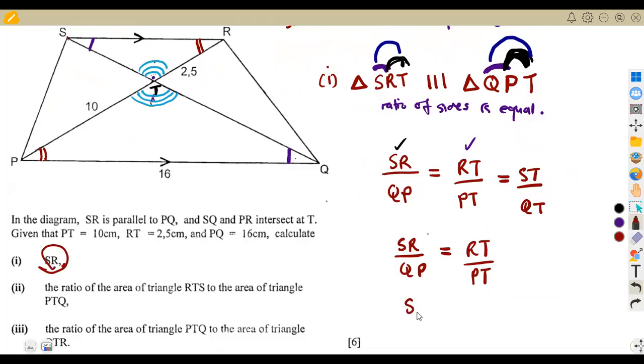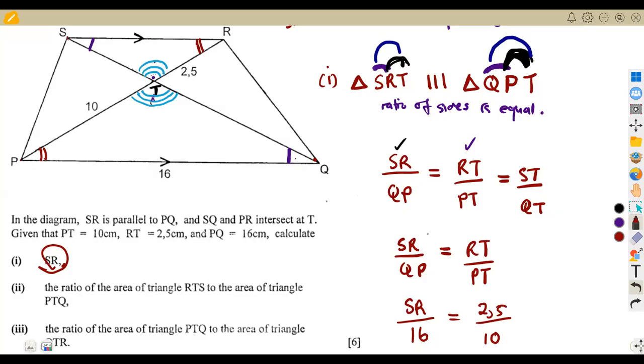So it is going to remain as SR over QP. From Q to P, that is 16 centimeters, is equal to RT. From R to T, that is 2,5. So you're going to have 2,5 over PT. From P to T, that is a 10. So that is what you're going to obtain in this case.